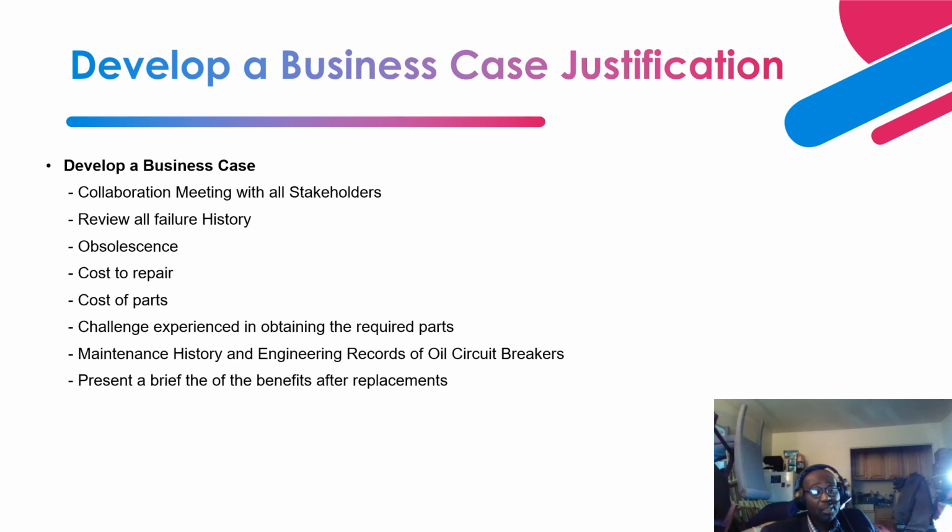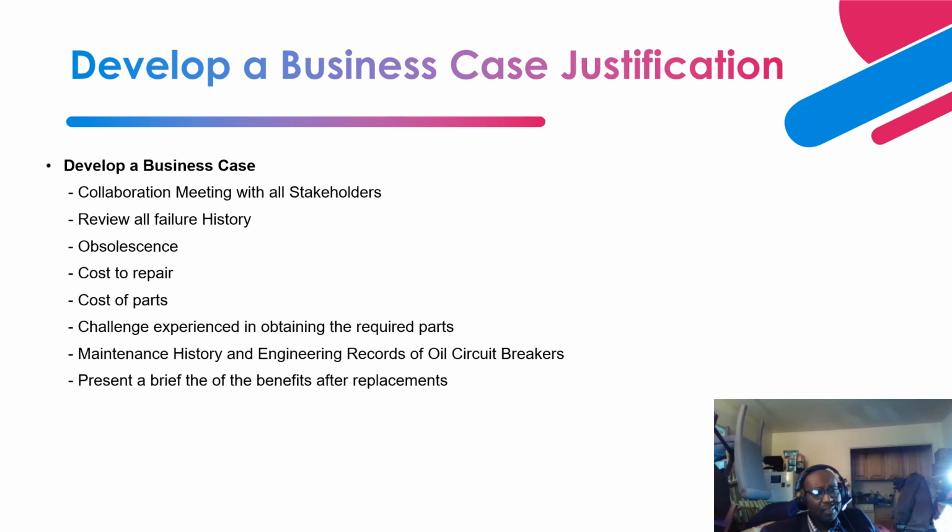That should be part of the meeting: present the challenges that you are facing, the ones I presented in the previous slide, the failure history with these circuit breakers, and also the operational history, the challenges in operating them reliably.